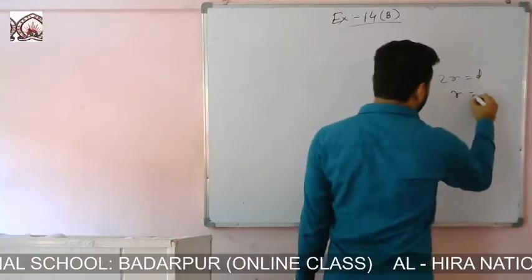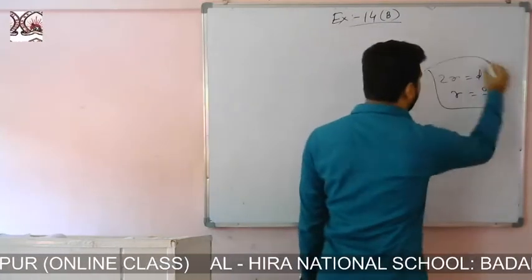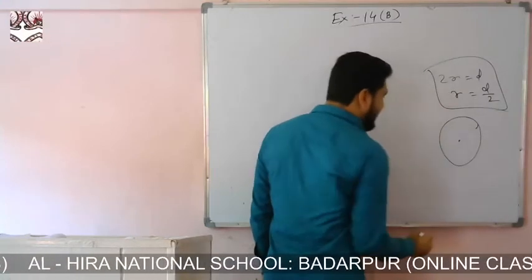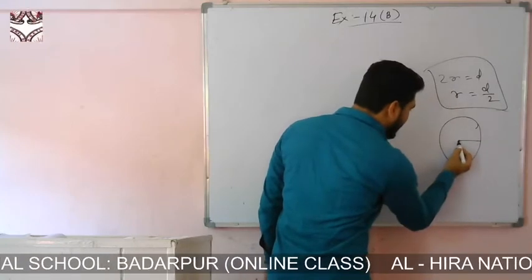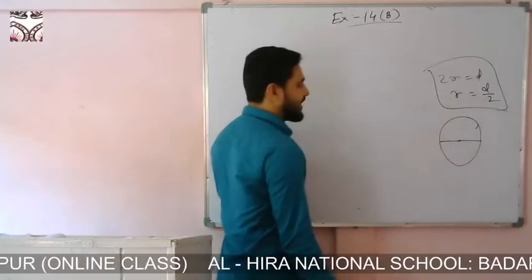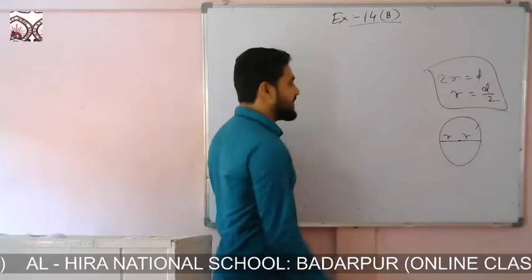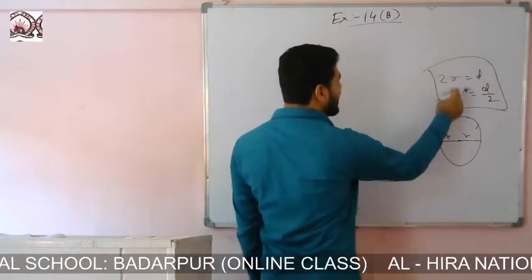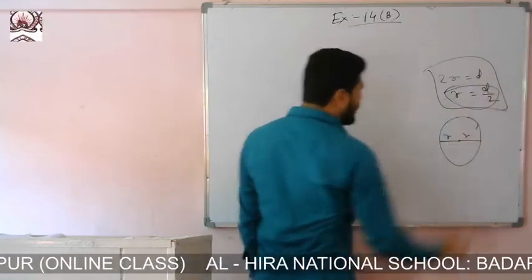That means radius equals to diameter by 2. Suppose this is a circle, this is the center, so this will be radius, and this also will be radius. Together this is a diameter. So if I add 2 radius, I get the diameter. From this I can write a formula: radius equals to diameter by 2.